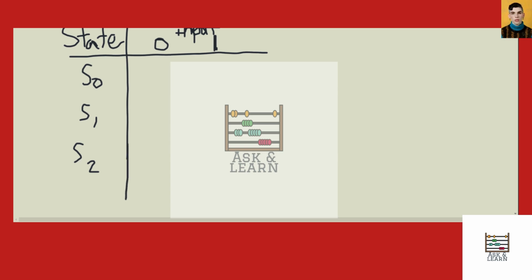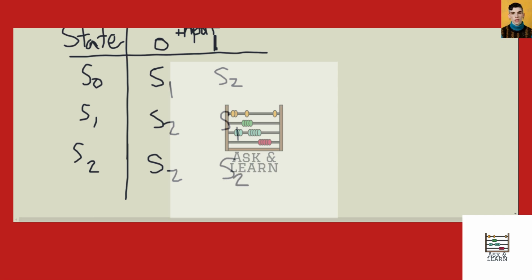If there's an arrow from a state Si to a state Sj with a label of x, we'll write down Sj in the row Si and in the column x of the table. For example, there's an arrow from S0 to S1 with a label of 0. So I'm going to write down S1 in the row S0 and in the column 0.